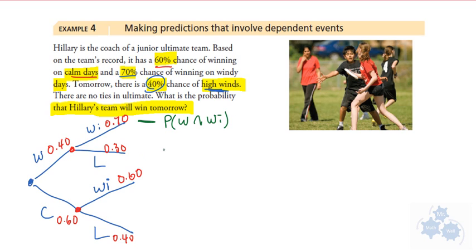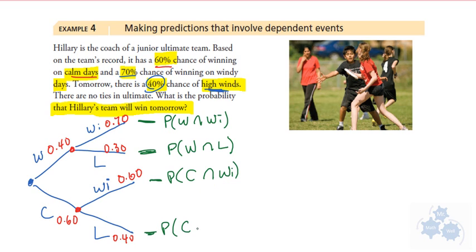Down here, this one's going to give us the probability of windy and a loss. This one gives us the probability of a calm day and a win. And down here, this is the probability of a calm day, but they lose.